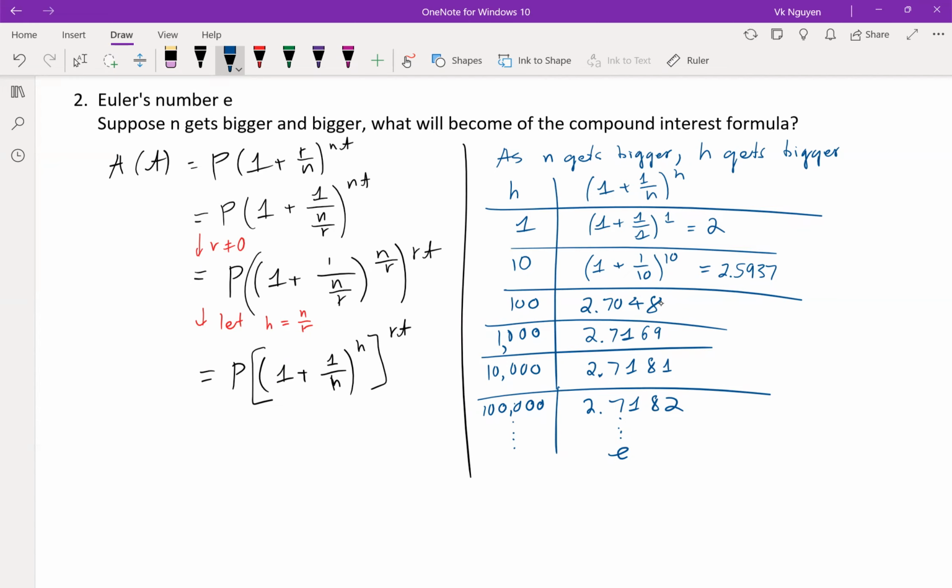Meaning that as h approaches infinity, 1 plus 1 over h to the power h would become E, and that is where the number E is.